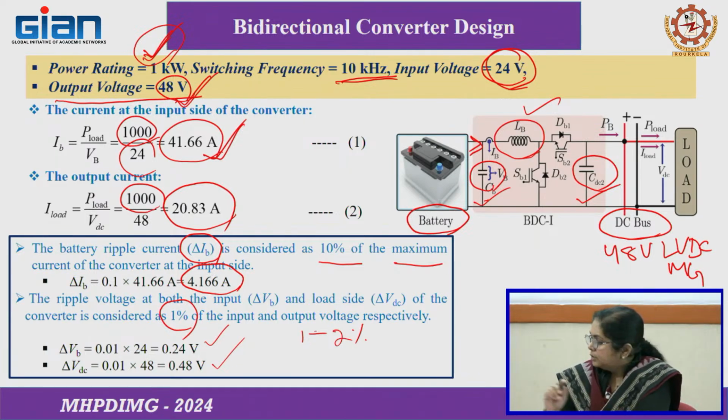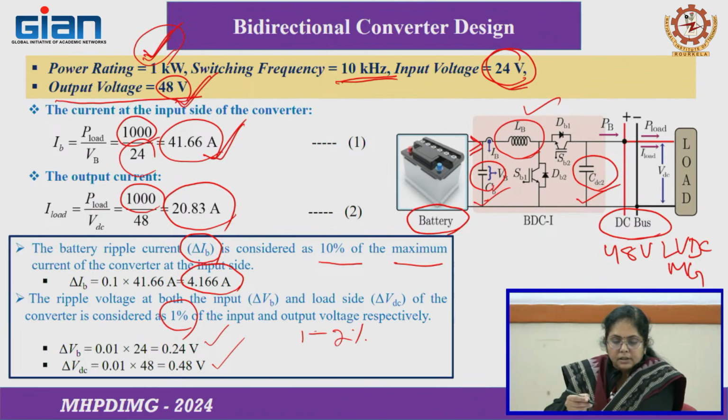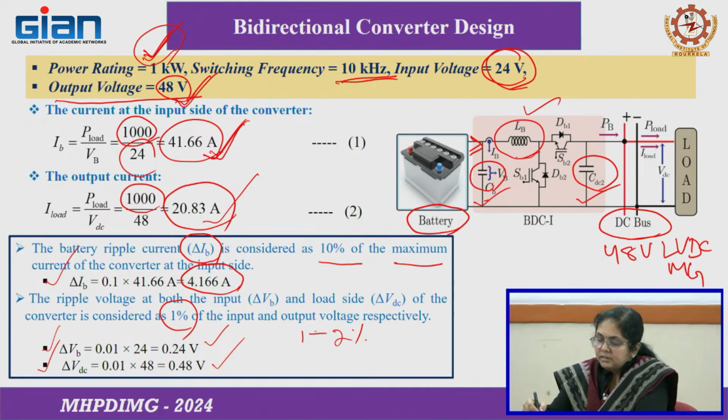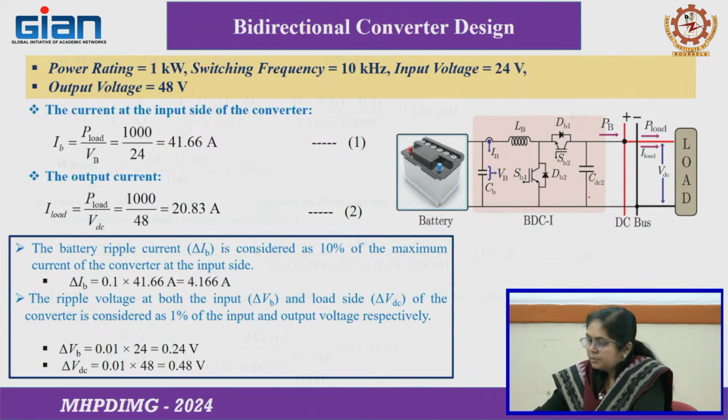So, we have calculated the maximum input current, the load current, the input current ripple and the input and output voltage ripples. Now we have to find the filter inductor LB and the filter capacitance values on the input side and output side one by one.